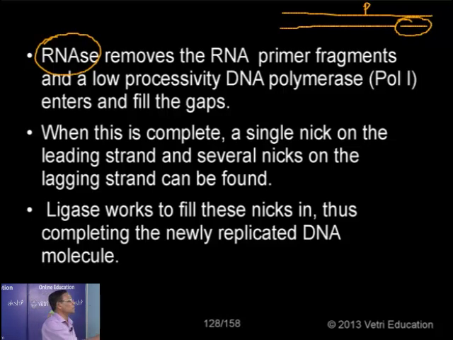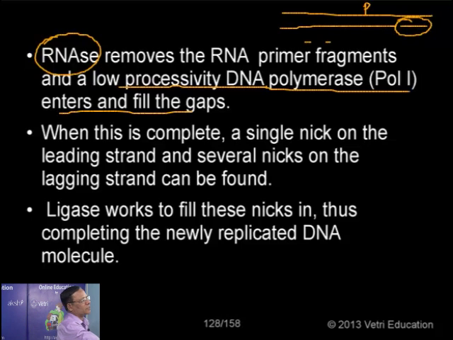And the low processivity DNA polymerase, I mentioned high processivity, the highly active. Now the less active is the low processivity polymerase 1, and the high processivity polymerase is polymerase 3. Now this enzyme, also called alpha polymerase, enters and fills the gaps. Now we have the gaps here.